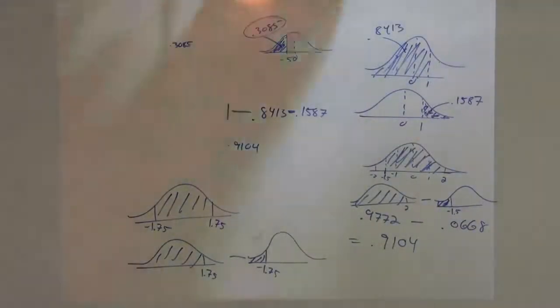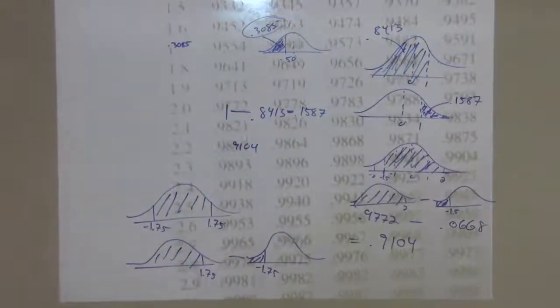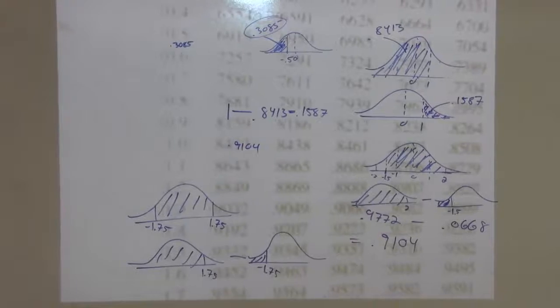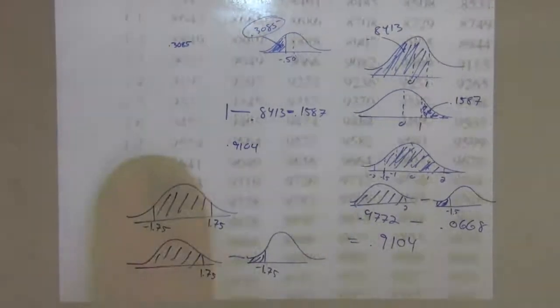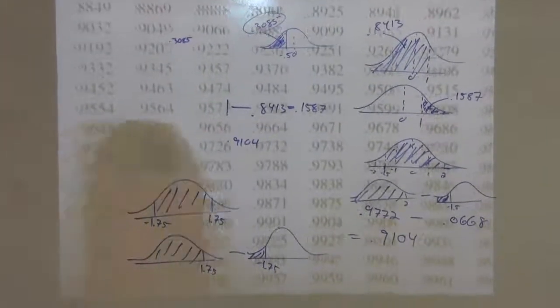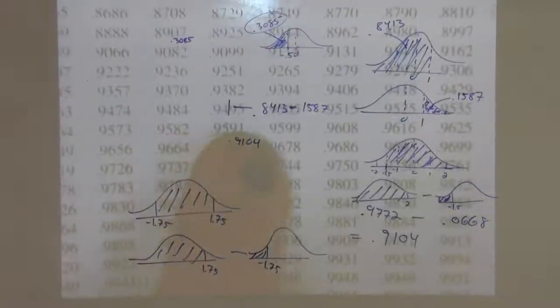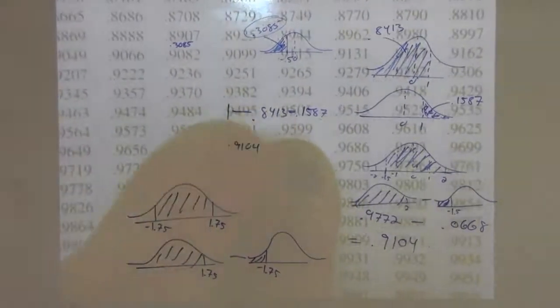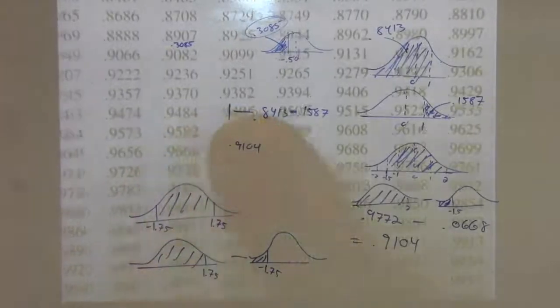So 1.75: let's go to 1.7, that's 1.70, then 1, 2, 3, 4, 5. It's 0.9599.